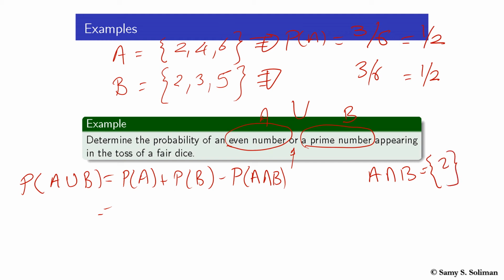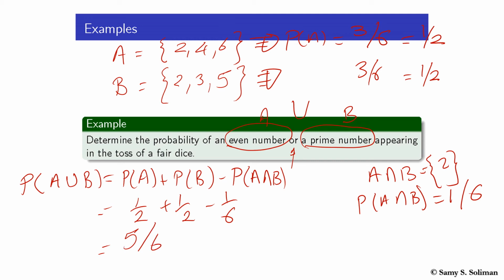So the probability of such event is equal to the number of elements in the event, which is 1 in this case, divided by the total number of elements in the sample space, 1 over 6. Let's substitute, so that's half plus half minus 1 over 6, so that is 5 over 6.